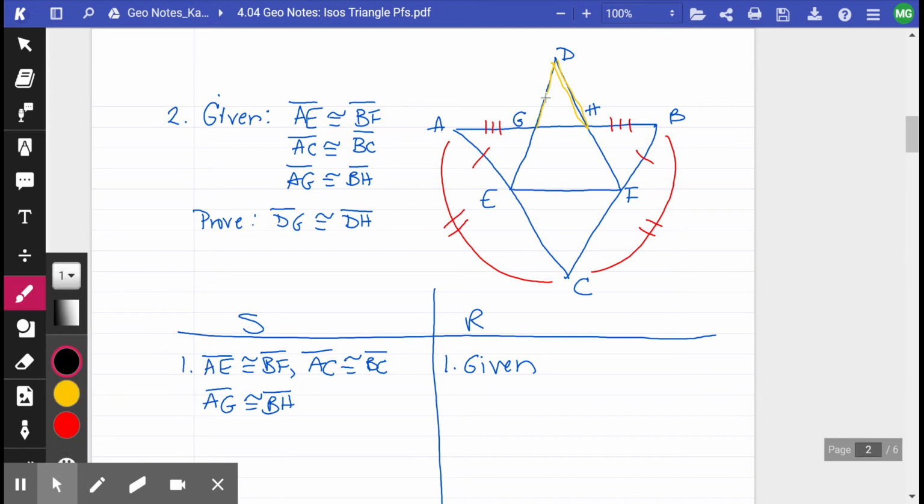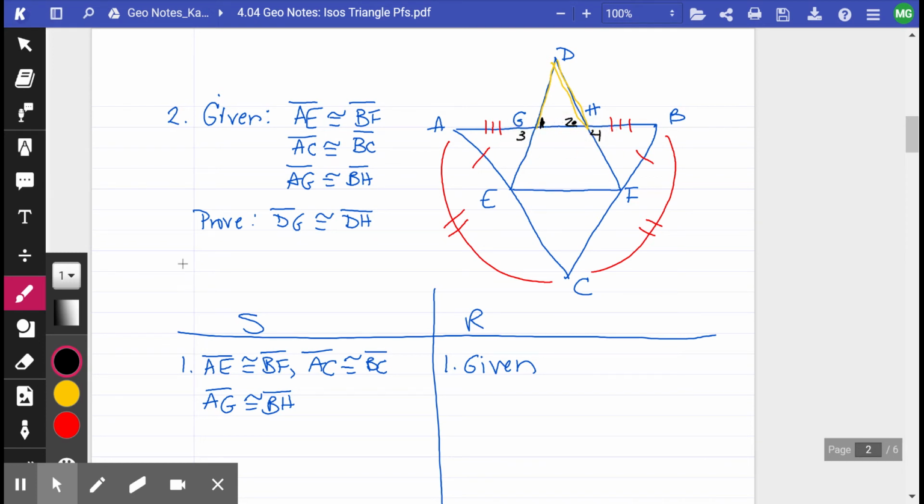So if I want to get these two yellow segments congruent, they're not part of two different triangles. They're actually only part of one single triangle. So then we'd say, okay, what kind of triangle would that be? It looks like if I can get these two sides congruent, that would be an isosceles triangle. So how do I get the sides of an isosceles triangle congruent? Well, if I know that my base angles right here are congruent, let's put numbers in there, 1 and 2, and let's call these 3 and 4.